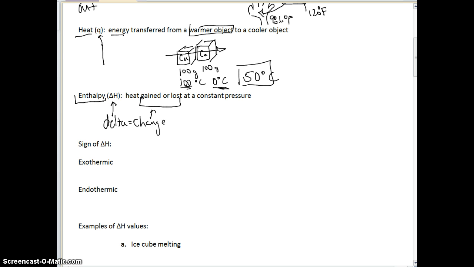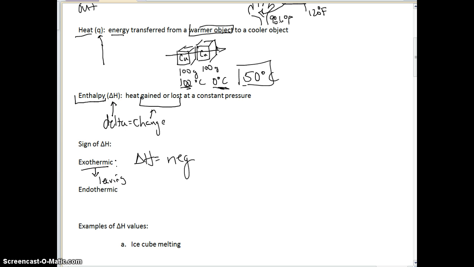Now we do use enthalpy very often when we're talking about exothermic and endothermic reactions and the signs that are associated with these. So that's really important. In an exothermic reaction, if we are talking about enthalpy or heat at constant pressure, the sign of delta H is always going to be negative, basically because heat is leaving the reaction or it's being given off to the environment.